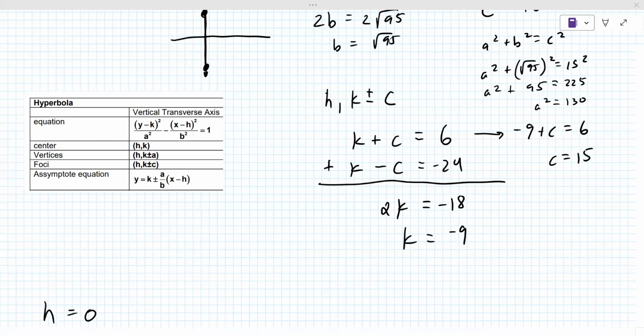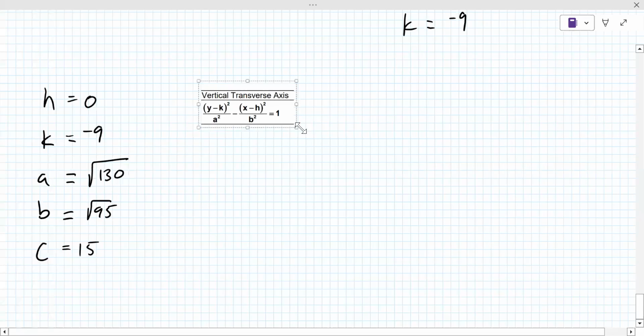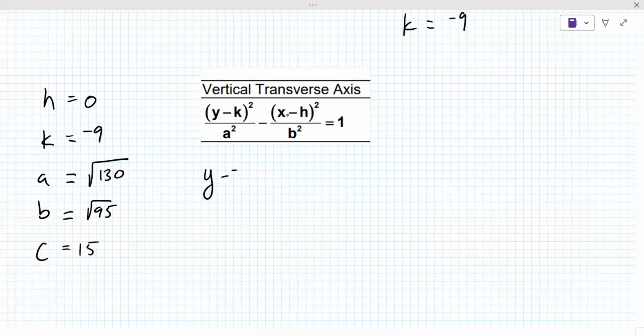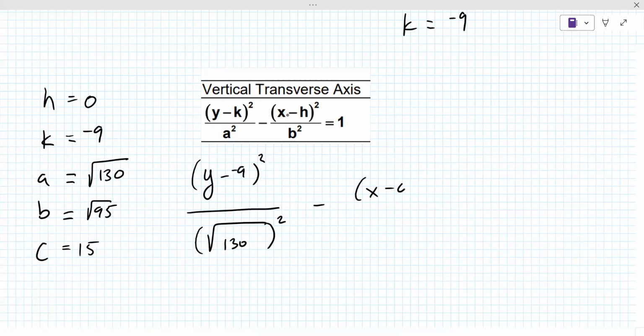Once you've got the 5 values, you really only need A and B, but they're going to give you C to find the other one. You're just substituting in here. So (y minus 9) squared over the square root of 130 squared minus (x minus 0) squared over the square root of 95 squared equals 1.